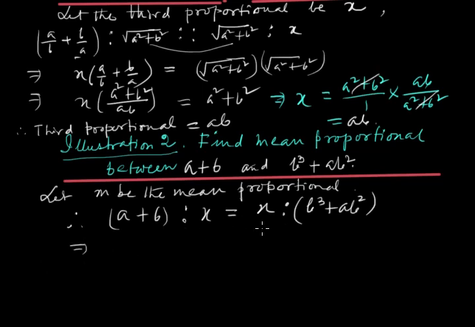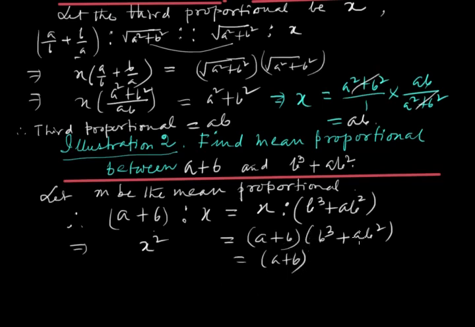Now if we apply product of the means equals product of the extremes, we can write x square is equal to a plus b into b cube plus ab square.